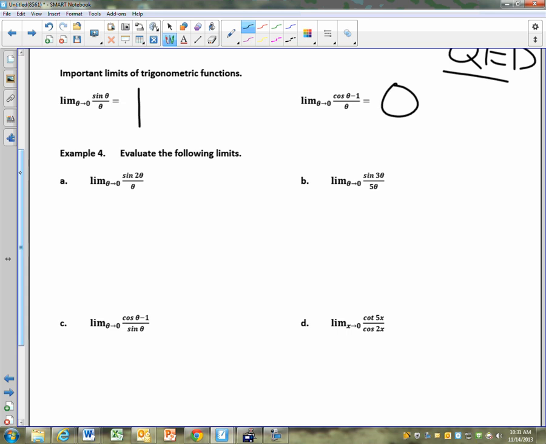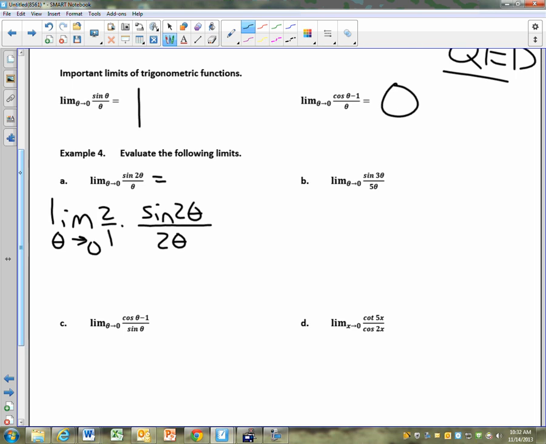So what I'm going to do is rewrite this as the limit as theta approaches 0 of sine of 2 theta, and I'm going to multiply the bottom by 2. And in order to maintain equality, I have to multiply the top by 2.